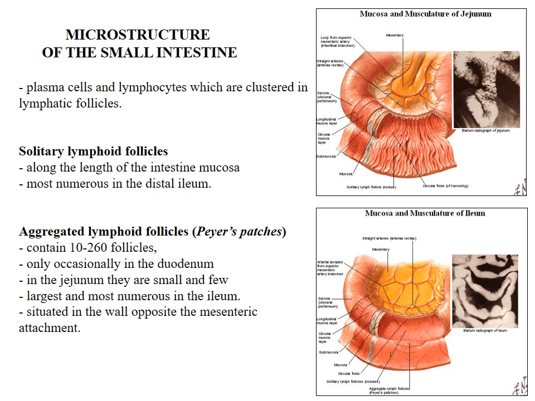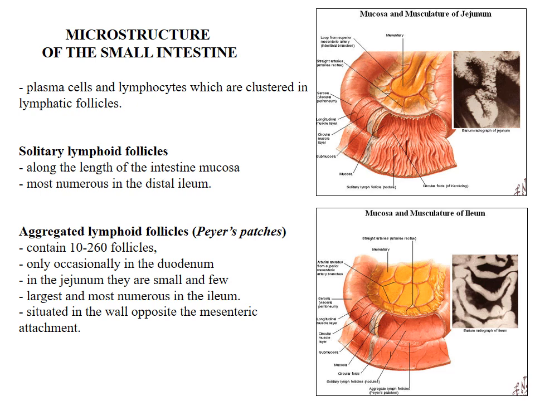Aggregated follicles are situated in the terminal part, in the ileum. A patch contains 10 to 260 follicles and is about 2 to 10 centimeters in length. They are only occasionally found in the duodenum.